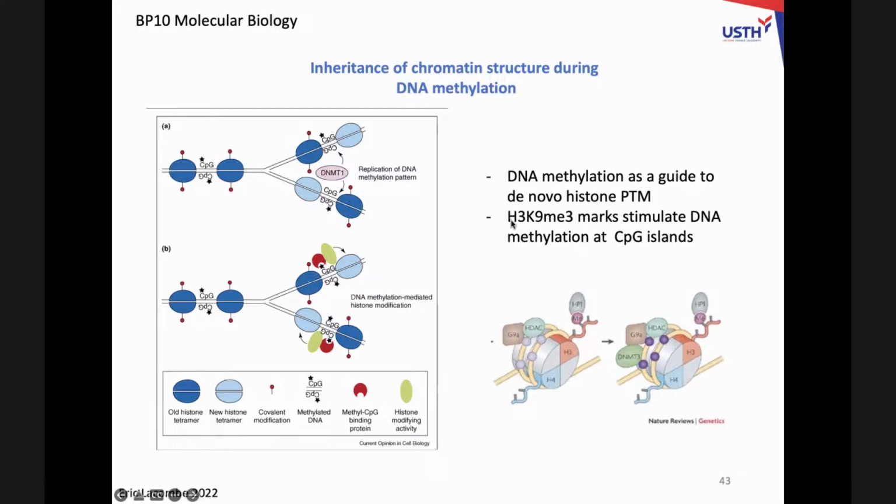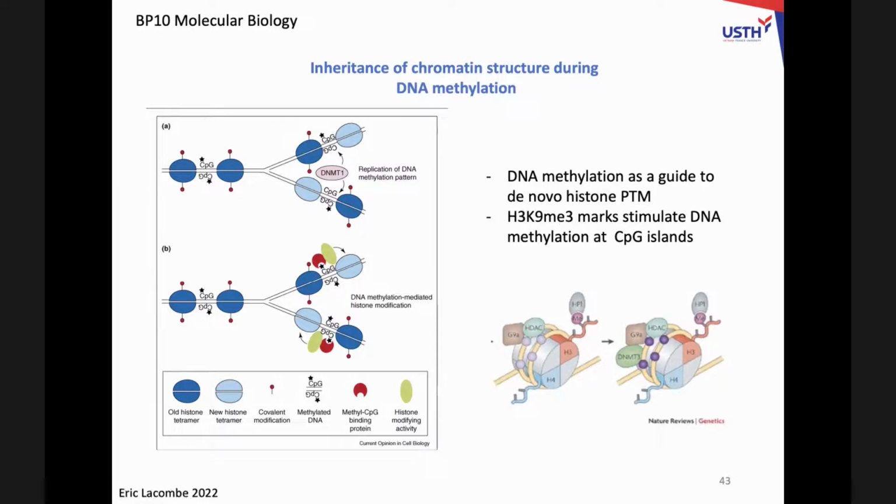On the other hand, you take a piece of chromatin, which is heterochromatin, and the DNA is not methylated. If this piece of chromatin contains histones that are methylated, like H3K9 methylated, it means heterochromatin.